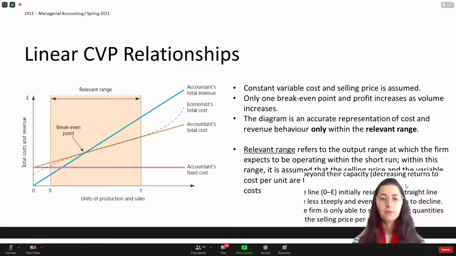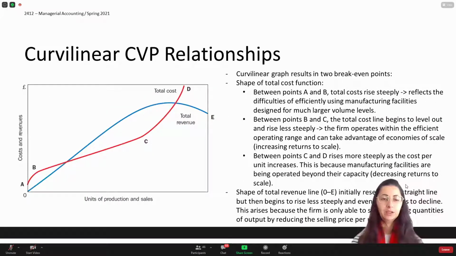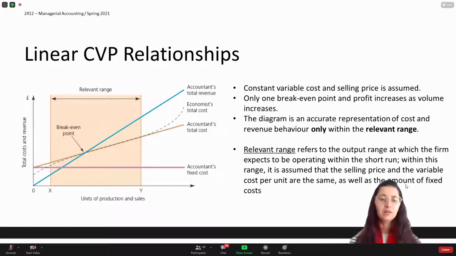If you see before, there were 2 points in which the red and blue lines cross each other, so there are 2 break-even points when we have a curvilinear relationship. But when we have a linear relationship, there's only 1 point in which the revenues cross the total costs. That is the break-even point.